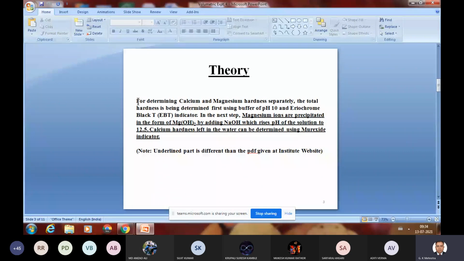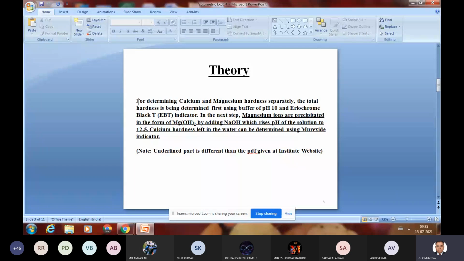This standard solution of EDTA is prepared by assuming a particular strength and then standardizing it using a standard hard water.